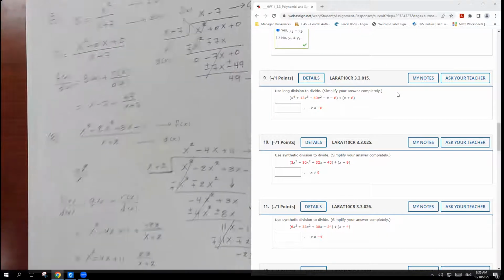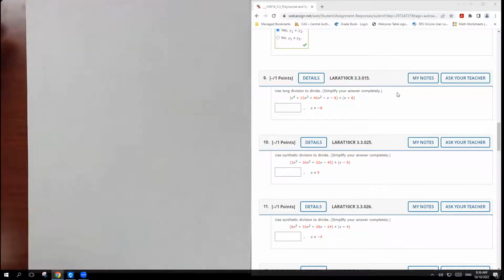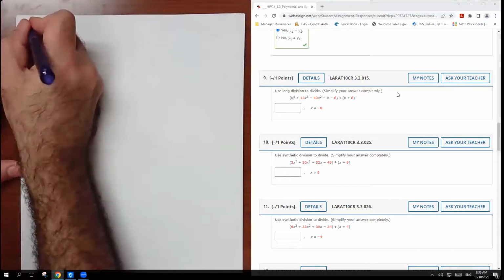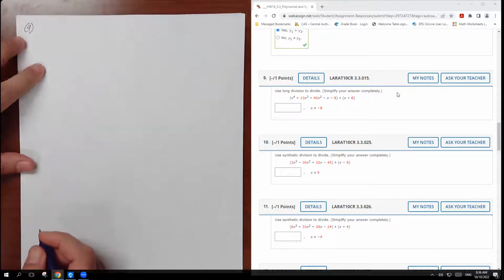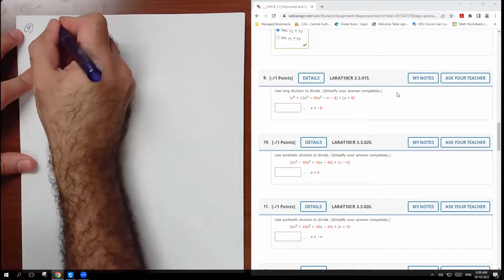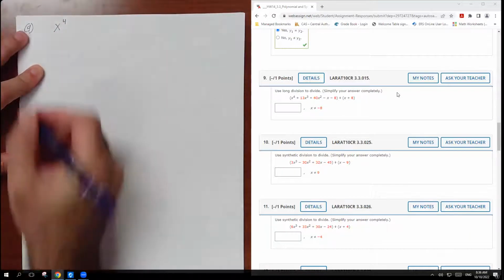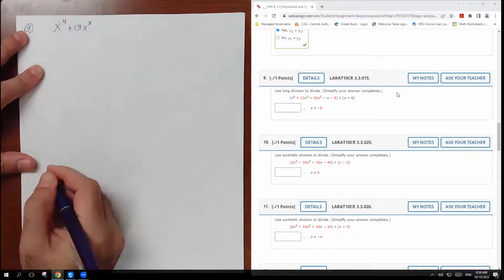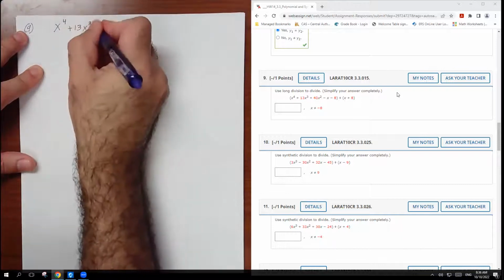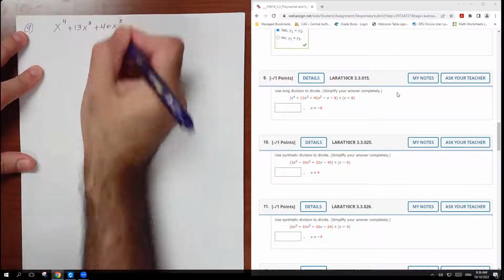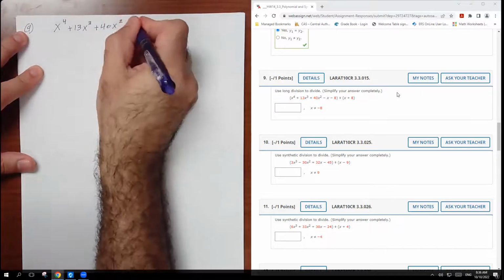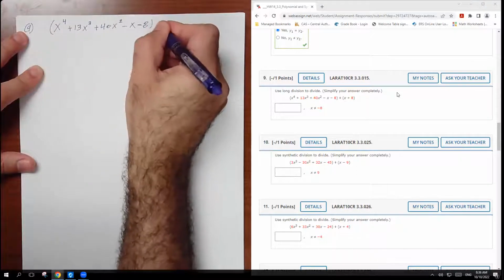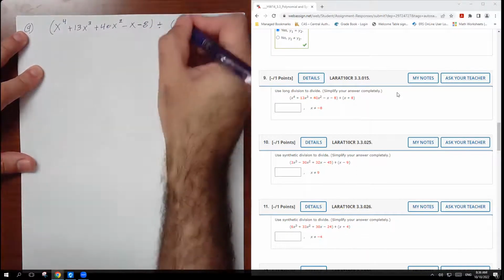The first thing, again, the first thing always, we need to check the exponents. So example 9: x to the power 4 plus 13x cubed plus 40x squared minus x minus 8, everything divided by x plus 8.